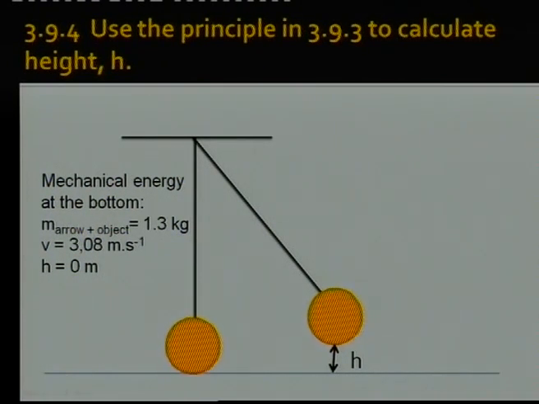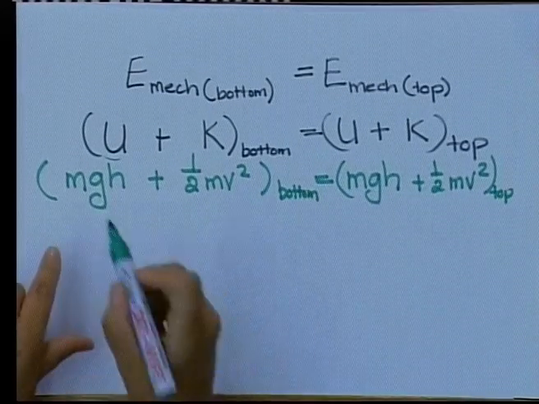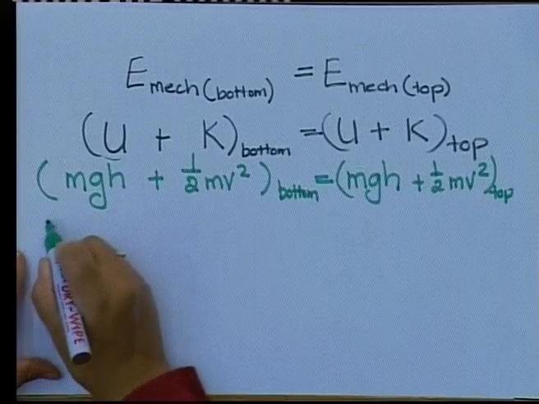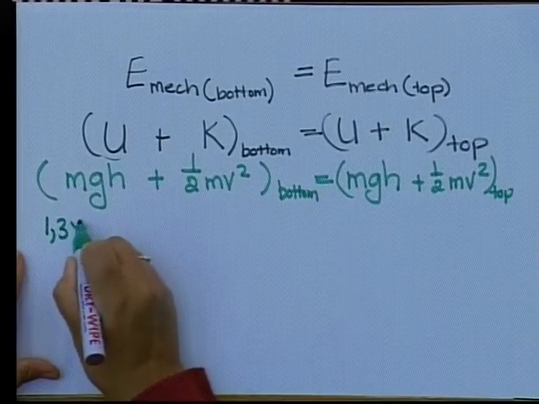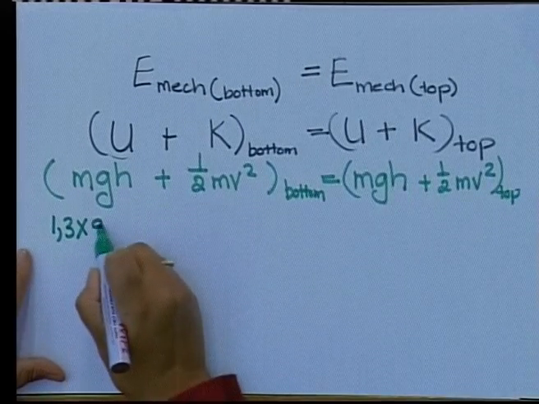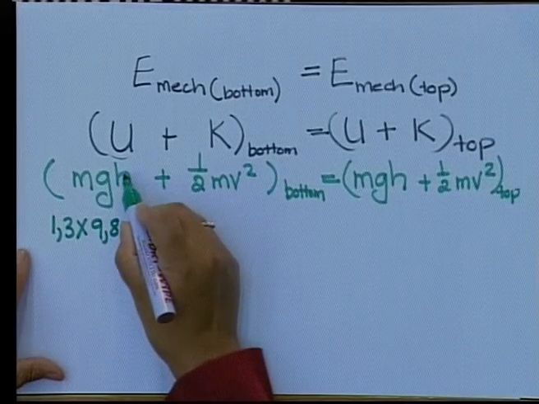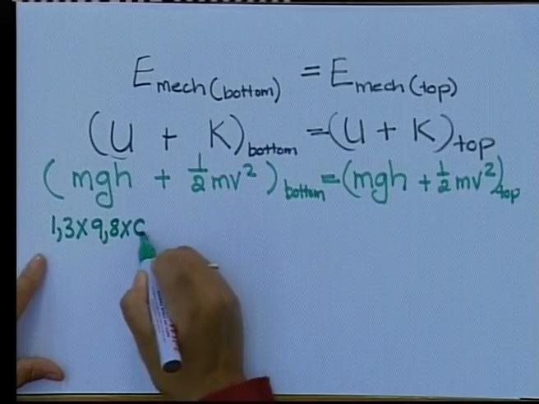So going back to our equation that we've written down, we're going to substitute mass of the object, 1,3. Remember, gravitational acceleration is a constant and it's 9,8. And the height of the object is 0.